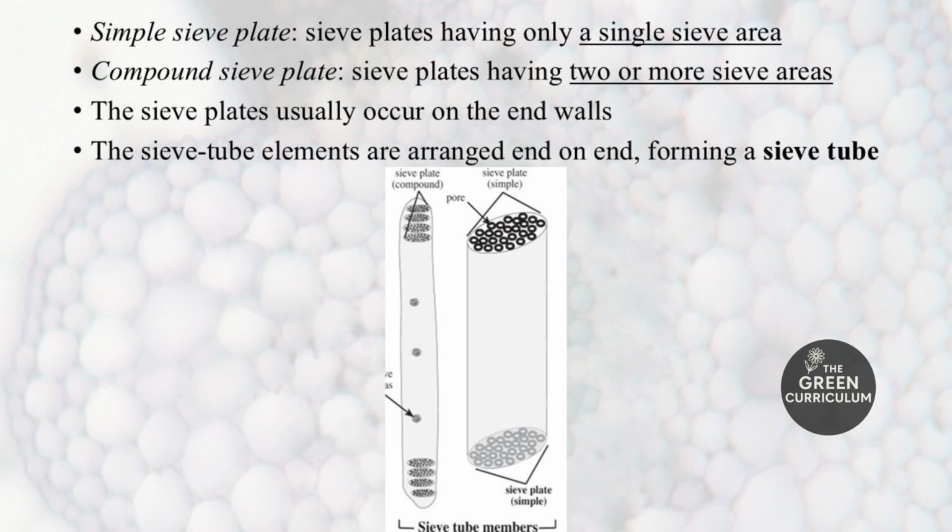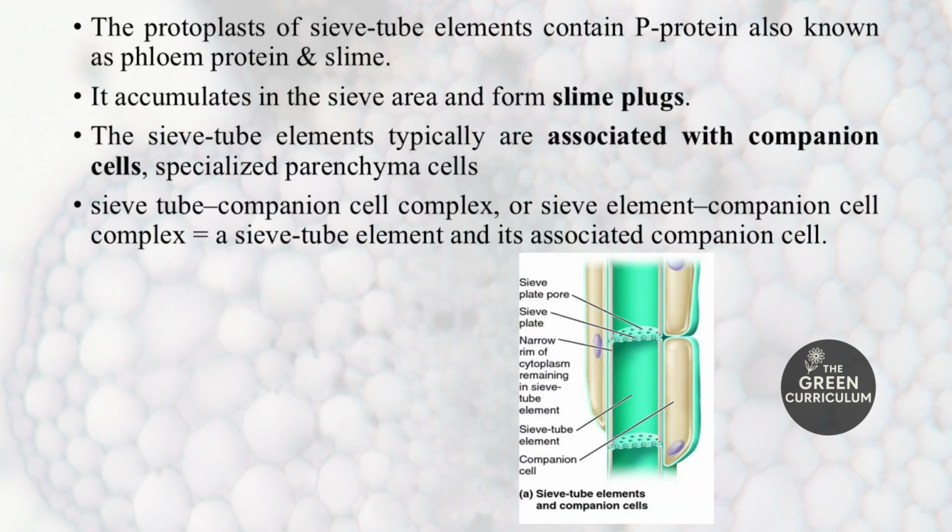So the diagram to the right is that of a simple sieve plate. The sieve plate usually occurs on the end walls, and the sieve tube members are arranged end to end, and together they form a sieve tube. Inside the sieve tube element, there is a protein known as P protein, phloem protein, and slime.